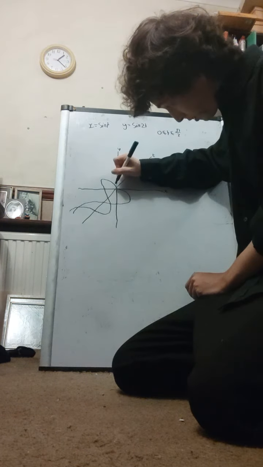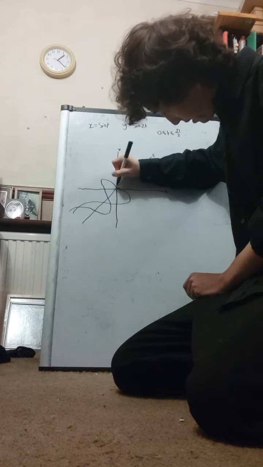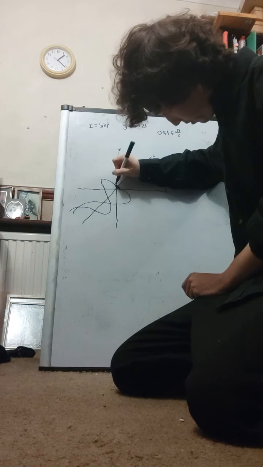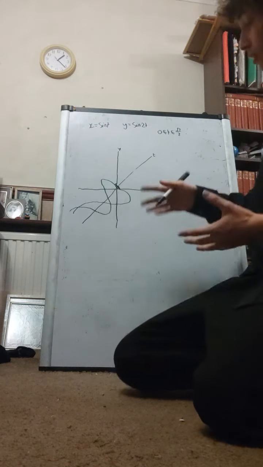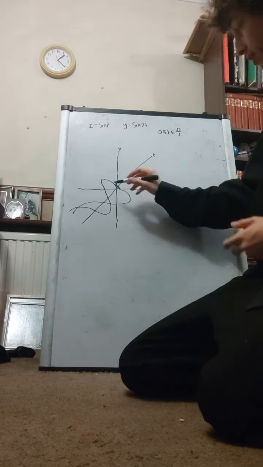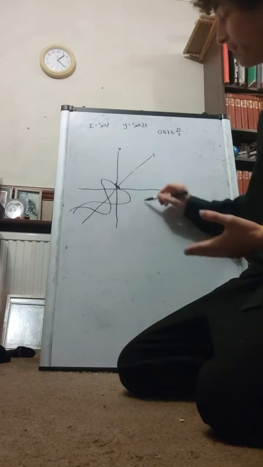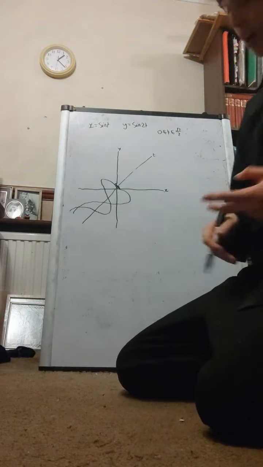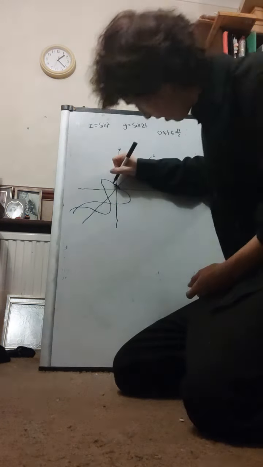So projecting the points onto the plane here, we can see that the frequency of points projected onto the plane here is going to be lower here than it will be here.